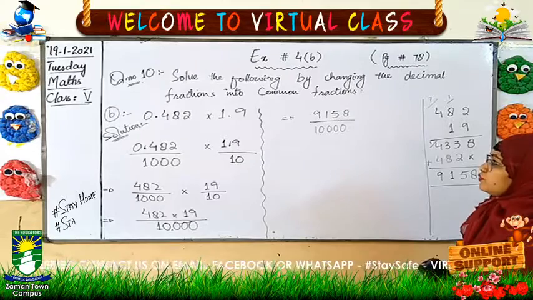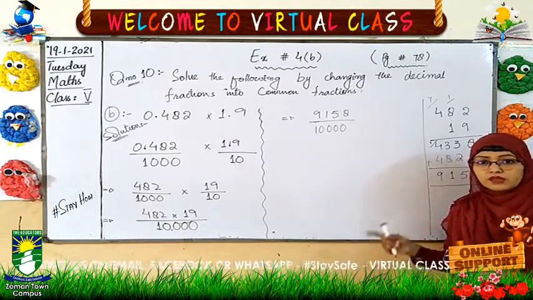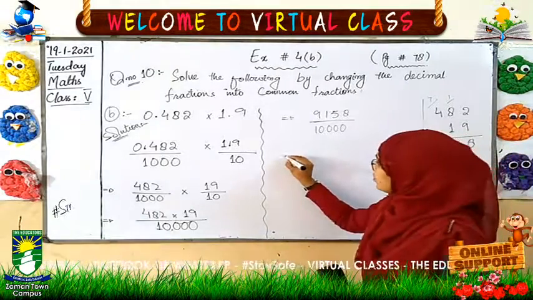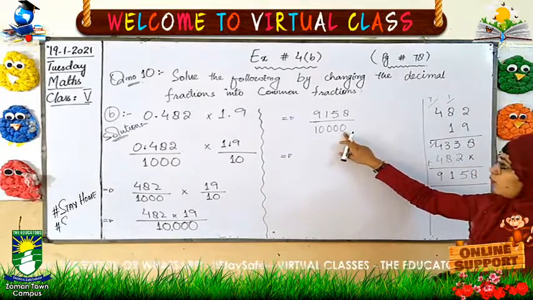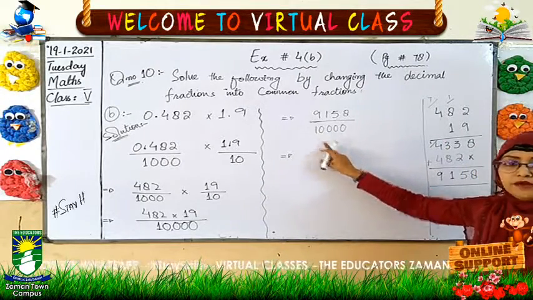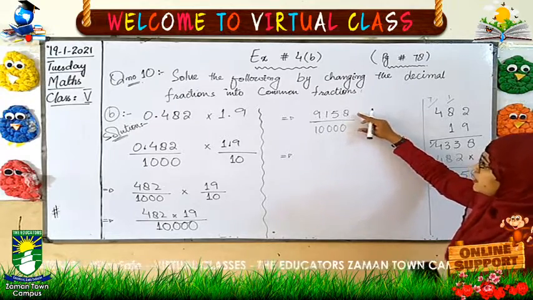Now what do we have to do? We have to convert this common fraction into a decimal number. And how do we convert it? As I have told you, first count the zeros. 1, 2, 3, 4. We have 4 zeros. So in the numerator we will count the digits.